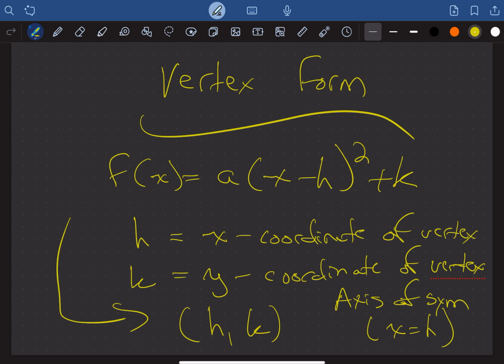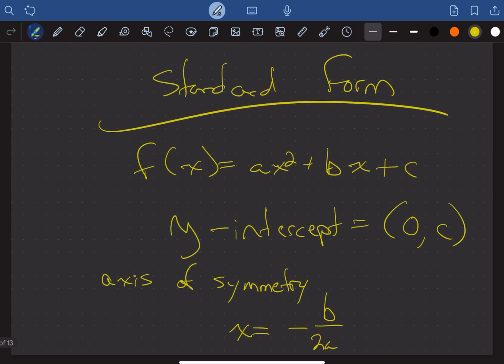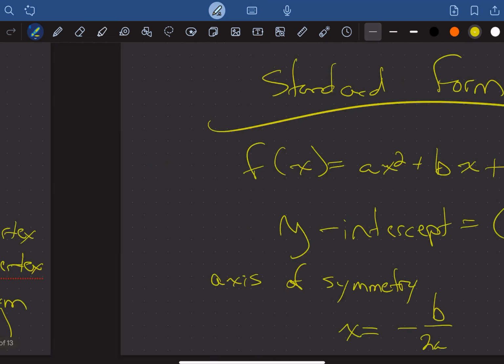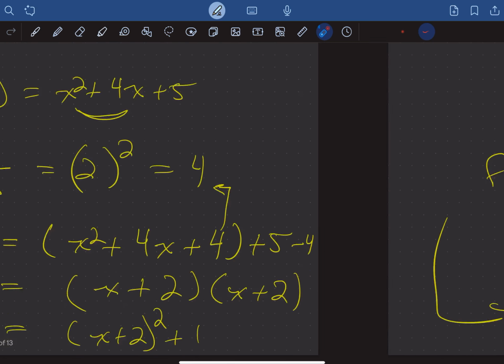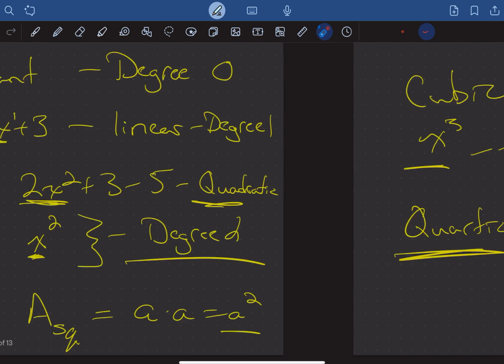This is going to be the minimum point. And when we have a less than 0, that is negative, the parabola opens down, and the vertex is then the maximum. Makes sense, because if a is greater than 0, it's going up. If a is less than 0, the parabola is going down.